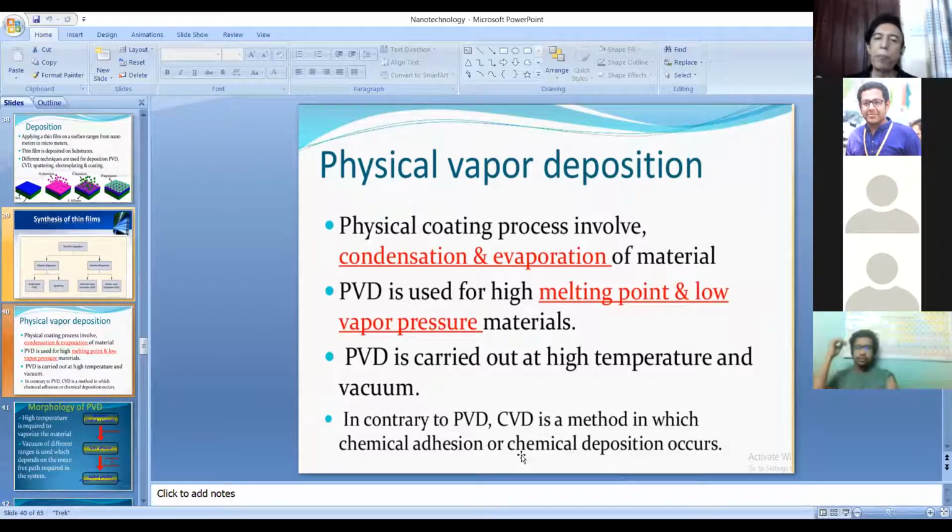On the contrary, CVD, chemical vapor deposition, is a method in which chemical addition or chemical deposition occurs. What is that chemical addition or chemical deposition? We'll tell it later when we study CVD.